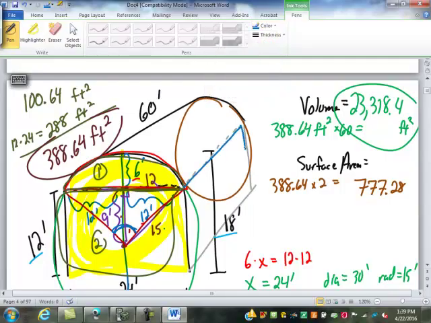Next, I have this wall here, which is 12 feet tall by 60 feet long. Times 2 because there are 2 of them. There's one on the other side. Which is 1,440 square feet.